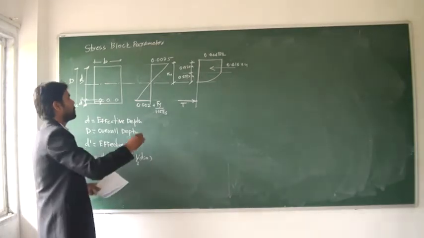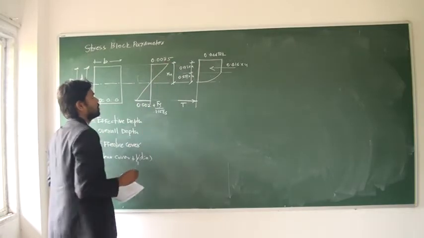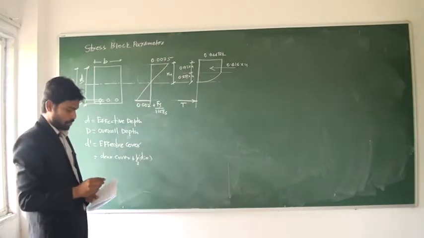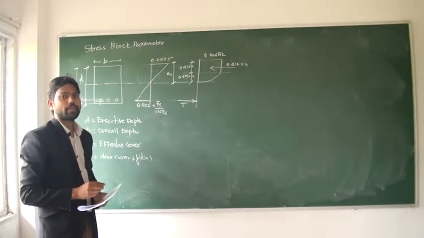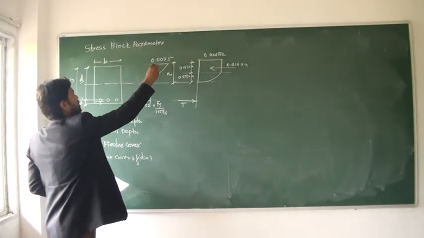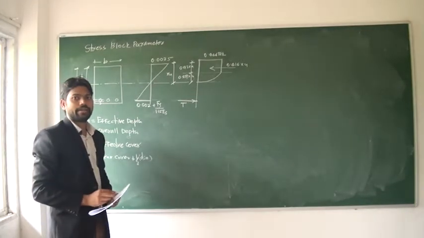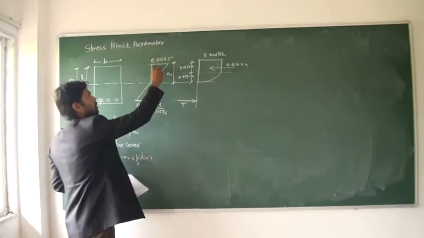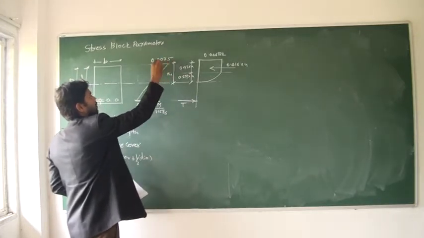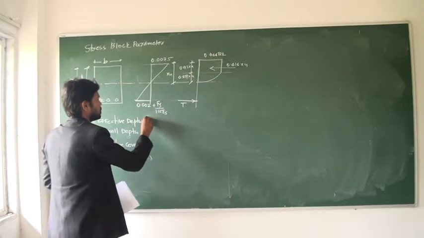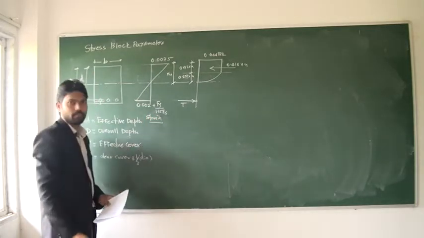As per our assumption in limit state method, in flexure, the maximum strain in concrete at the outermost fiber should not exceed 0.0035. So this is my extreme fiber, and maximum strain at this level will be equal to 0.0035. This is the strain diagram.